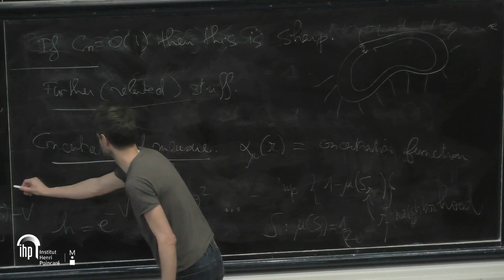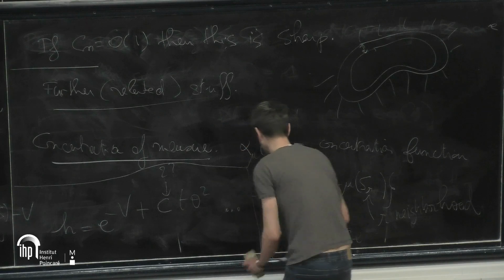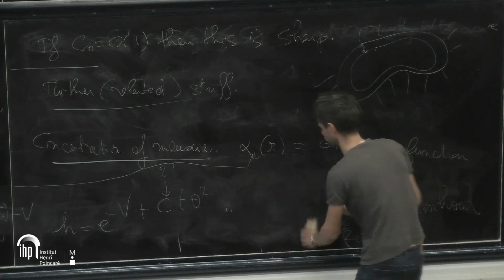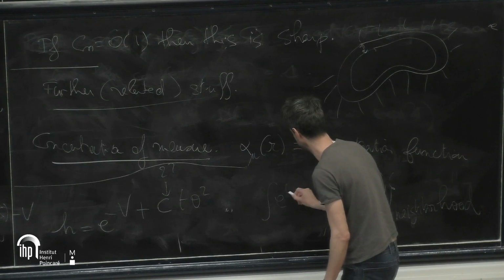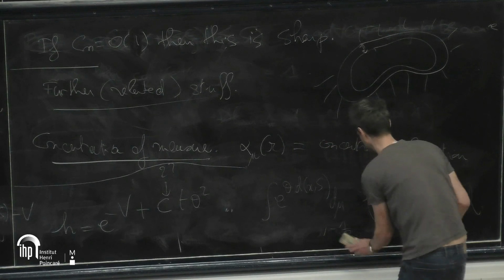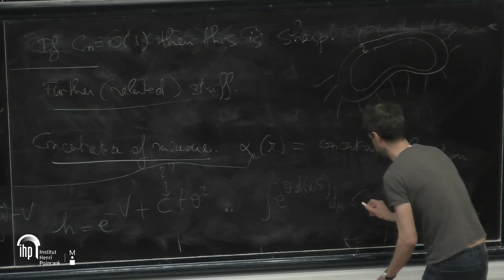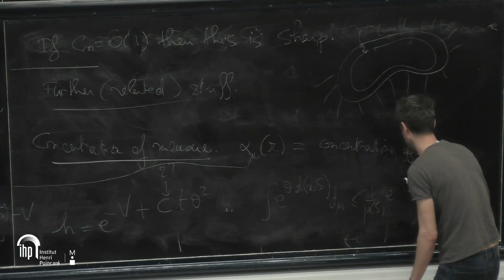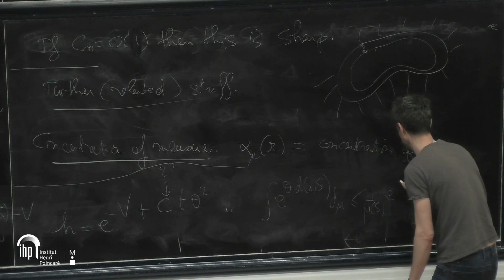so you will get something along the lines of integral e theta distance from x to s d mu less than 1 over mu of s times e theta square.